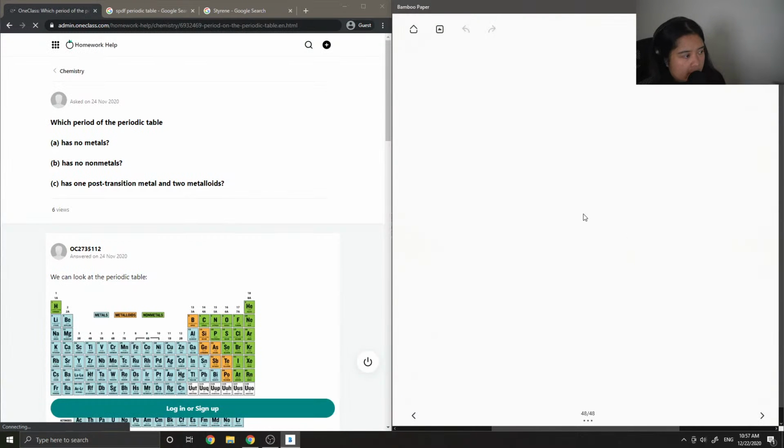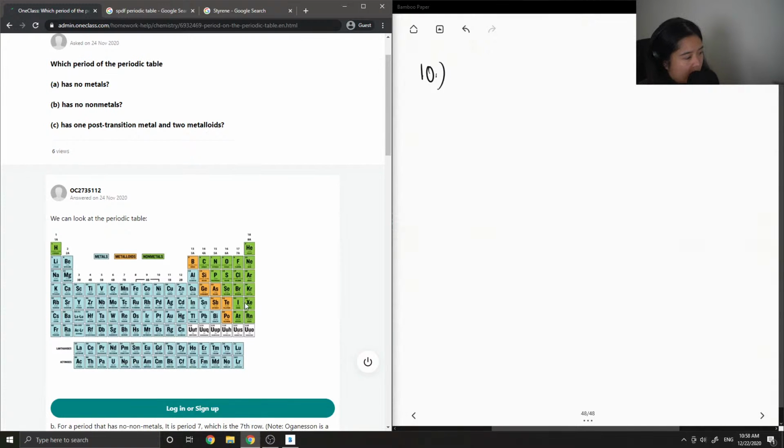Okay, so question 10. Which period of the periodic table A has no metals, B has no nonmetals, and C has 1 post-transition metal and 2 metalloids? Okay, so let's look at the periodic table given here.